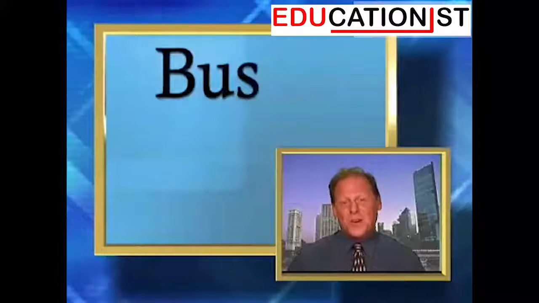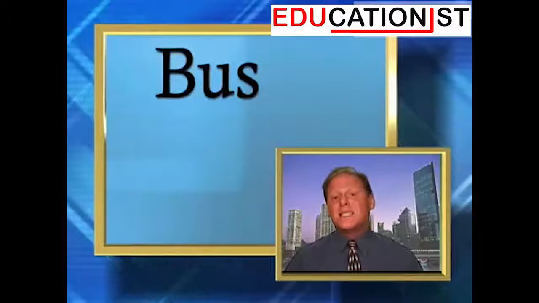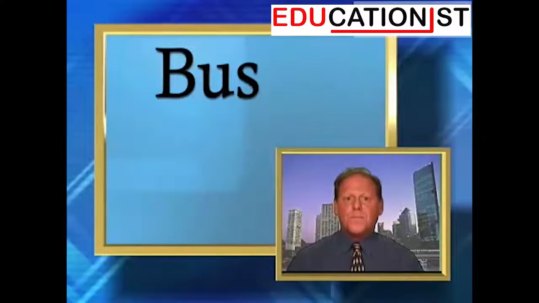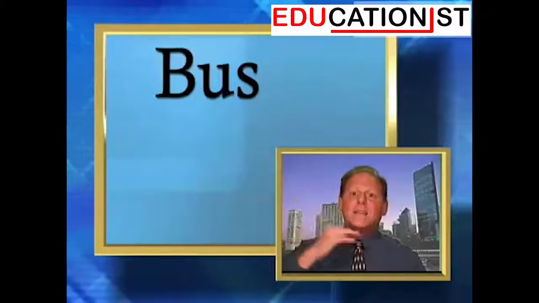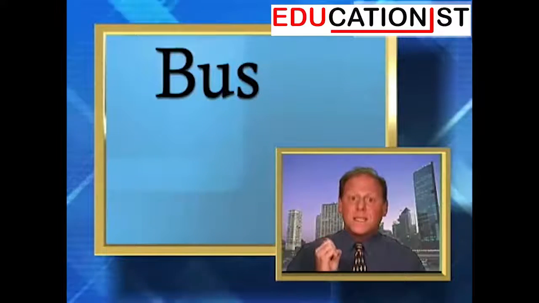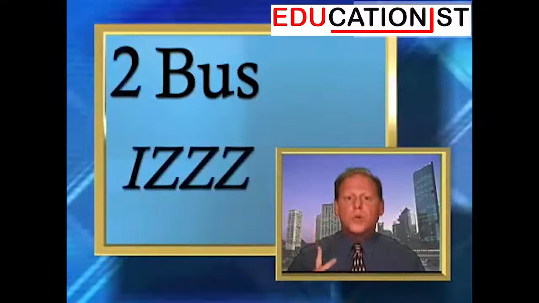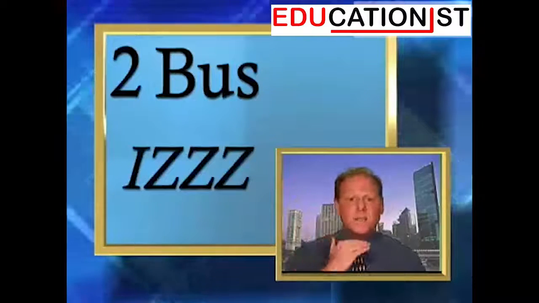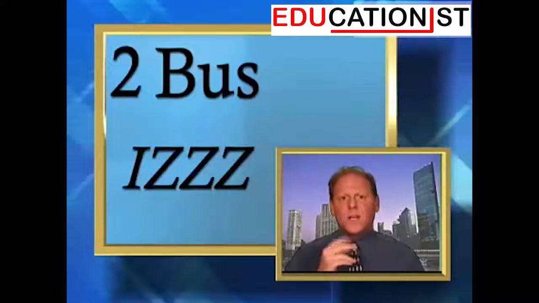Okay, let's look at another word. In the word bus, for example, bus ends with an S sound. S, bus. So if you make it plural, you're going to add the ending "is" with a voiced Z. So we've got one bus or two buses. Buses.